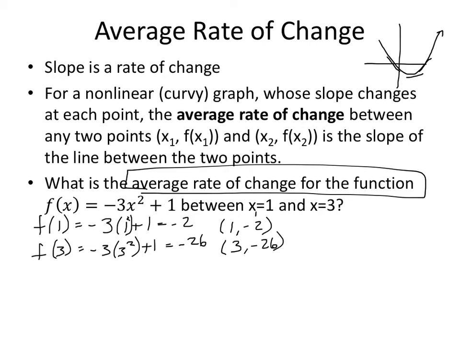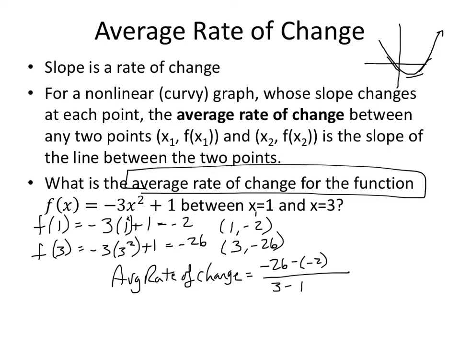If I want to find the average rate of change for the function on that interval, then I will just find the slope of that. So average rate of change will equal the slope, which is -26 minus my -2 over 3 minus 1.